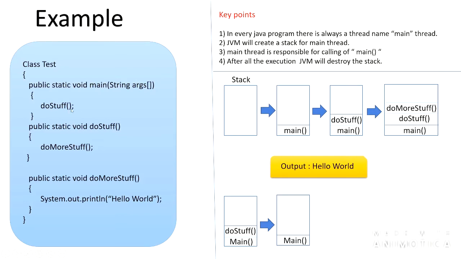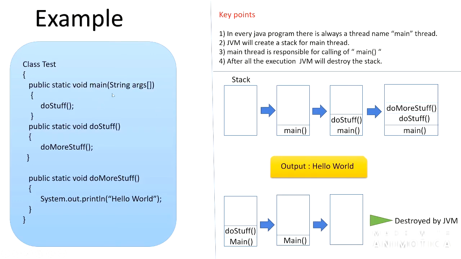So the control will go out of the main method and its corresponding entry will be removed from the stack. Now the stack will become empty. After all the execution is completed in the main method, the stack will be destroyed by JVM.